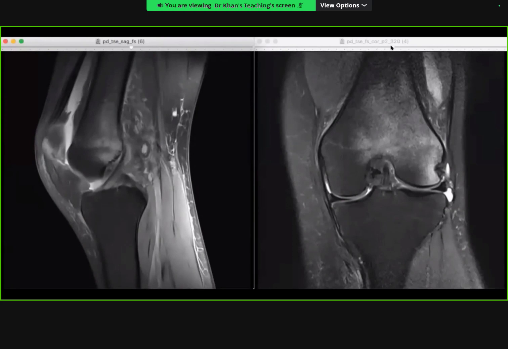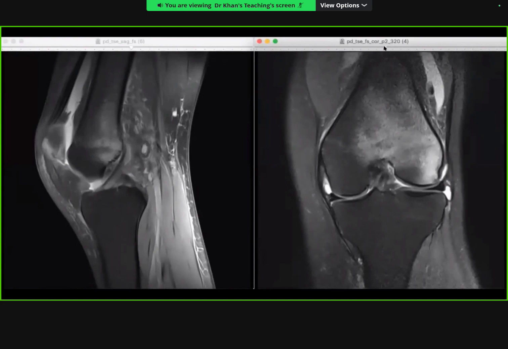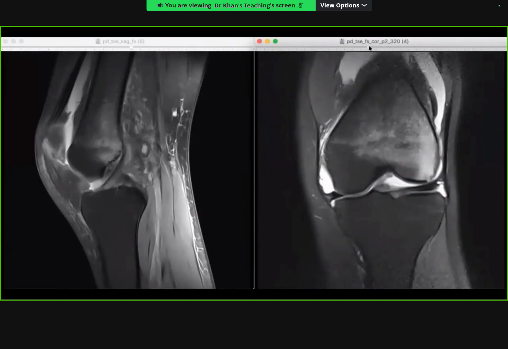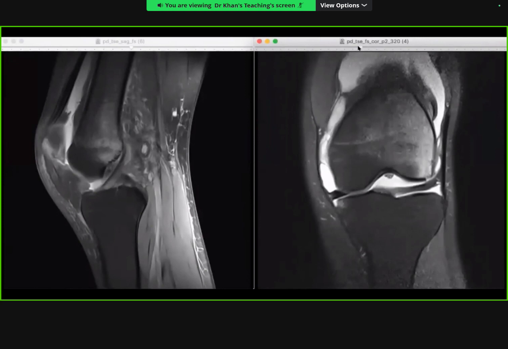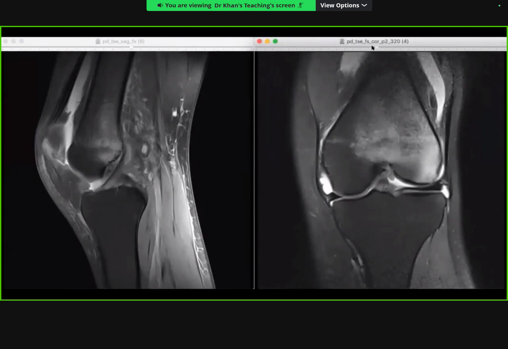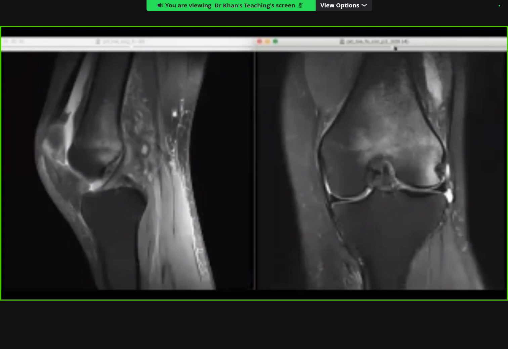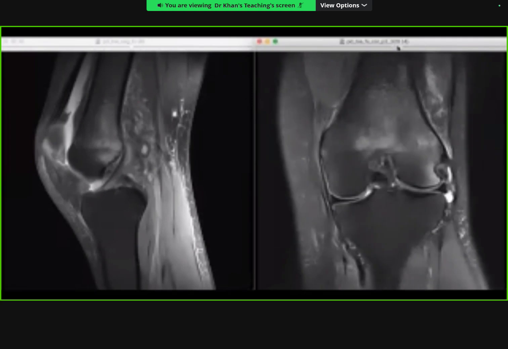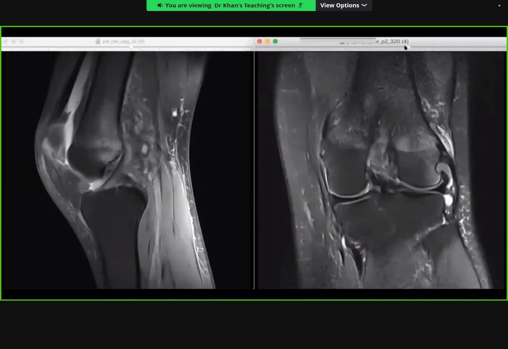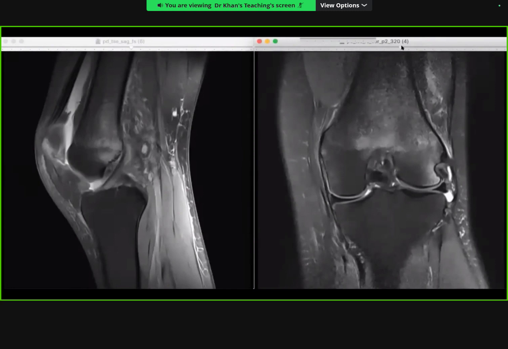I'm just going to look at the coronal sequences now, specifically looking at the PCL on the coronal view to see if it's normal. The PCL looks fine actually because it's rounded and it's dark.